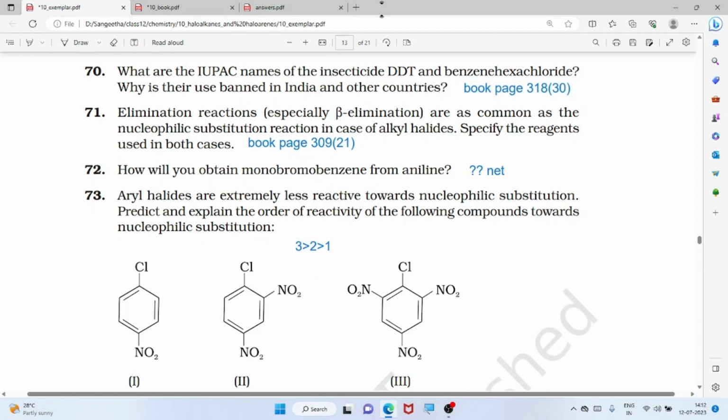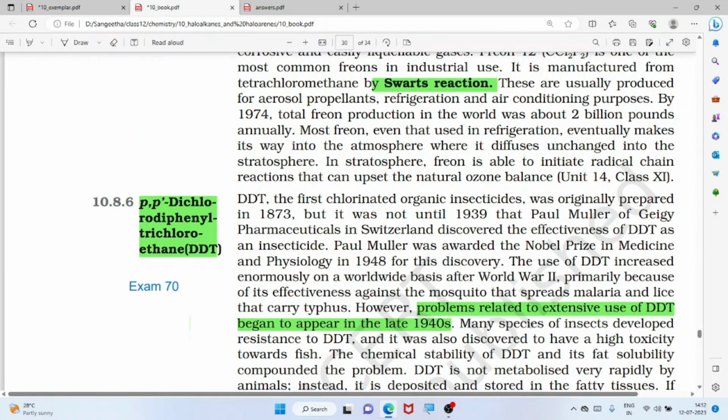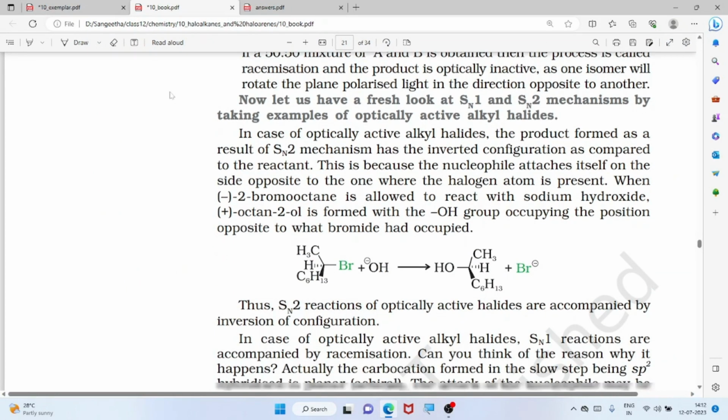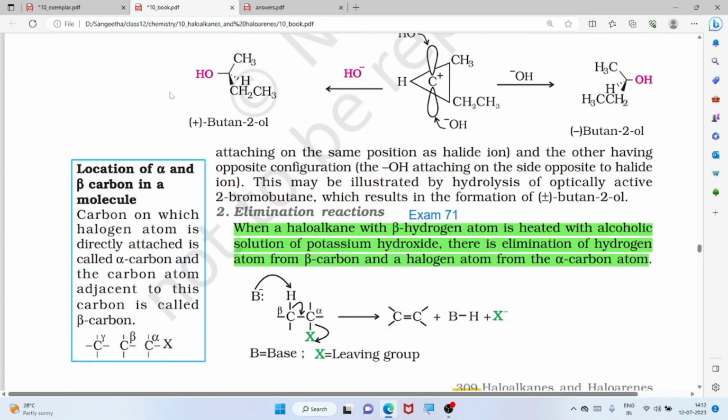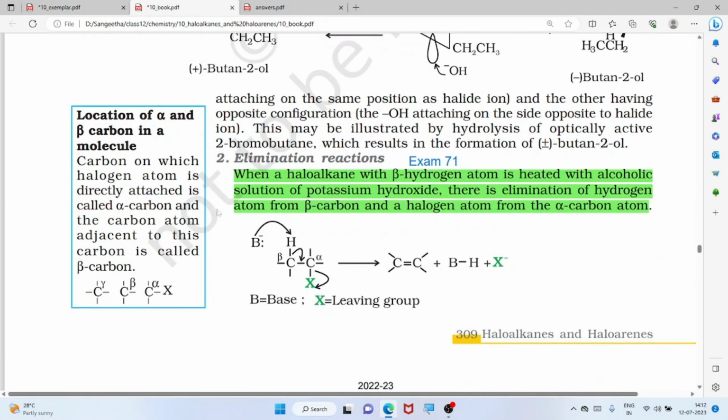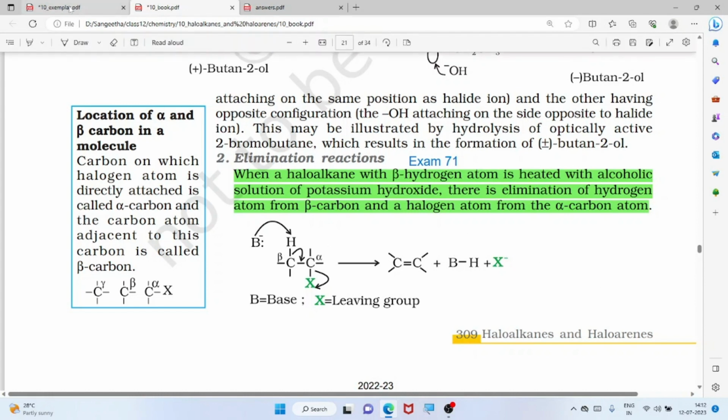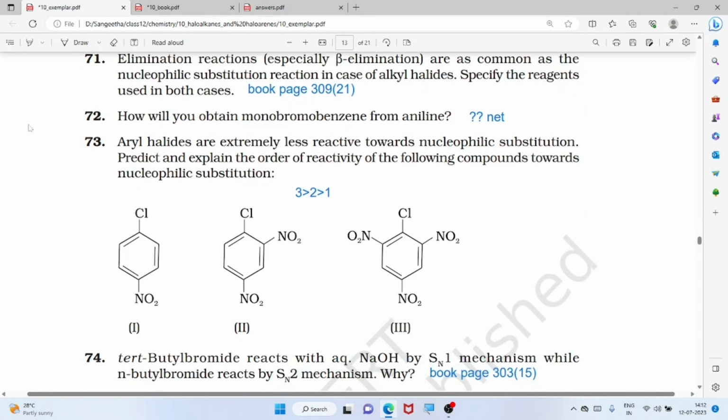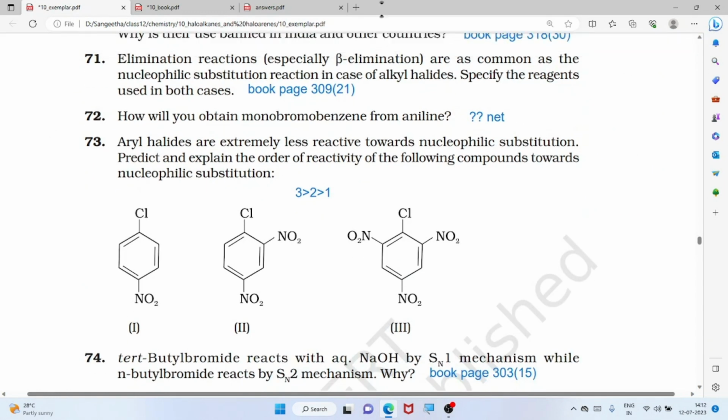Okay, question 21. Beta elimination reactions you can go through. When a haloalkane with beta hydrogen atoms is treated with a base, you can go through how this elimination reaction takes place on the net.